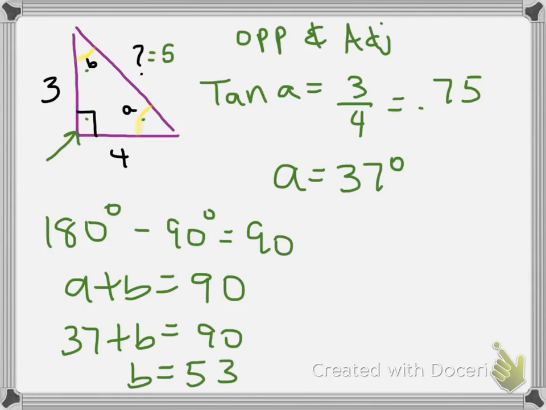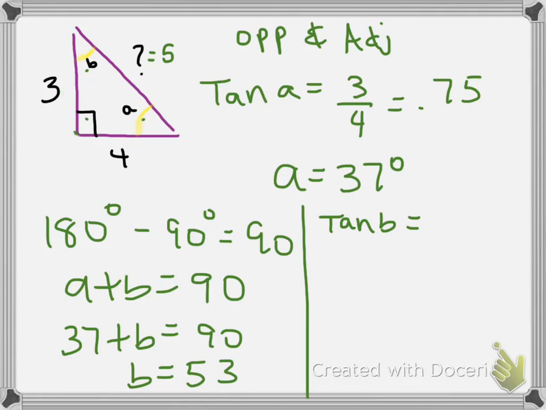But your textbook wants you to check this by using the tangent. So that's why it says to use tangent to find side B. So let's do that. So we're going to write tangent of B equals. Remember, tangent is opposite over adjacent, so let's look over here at our triangle. The opposite of B is 4, and the adjacent to B is 3.